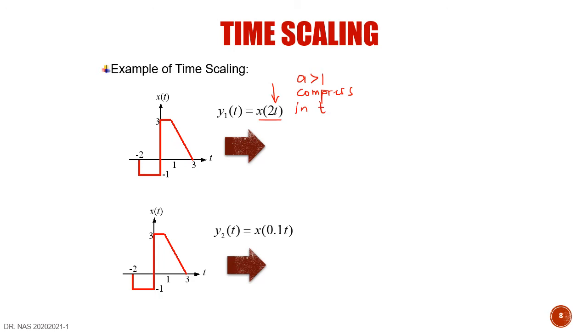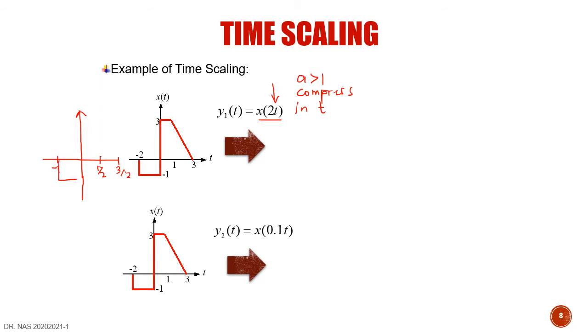So you can just draw what happened to the t. Compressed means smaller. So here 1 becomes 1 divided by 2, and here 3 divided by 2, and here negative 2 divided by 2 becomes negative 1, but the amplitude remains the same.